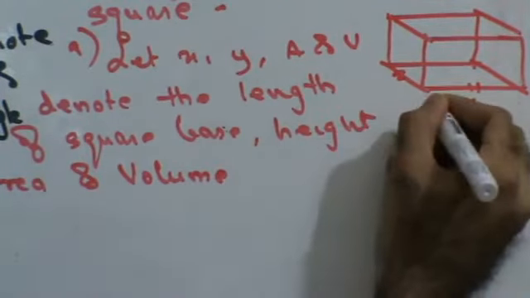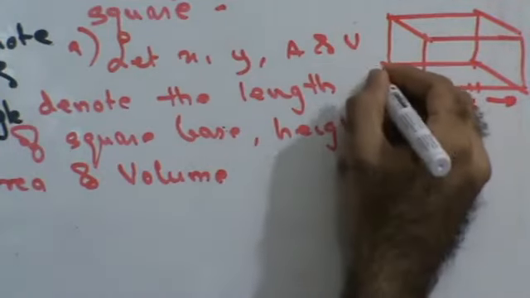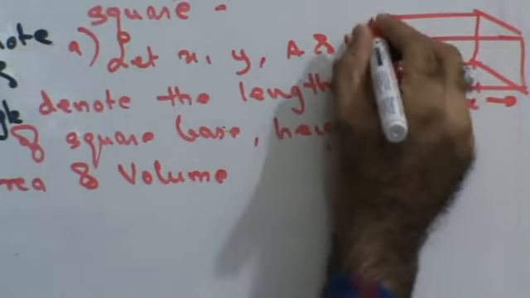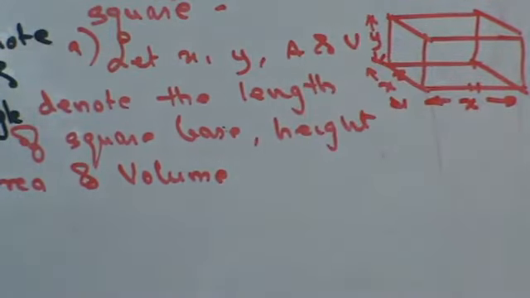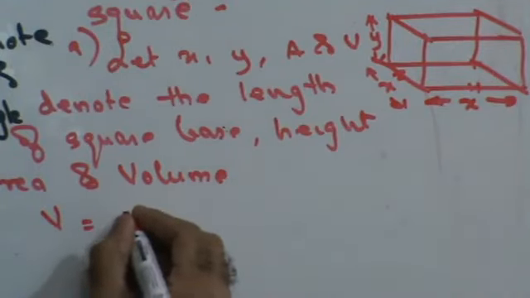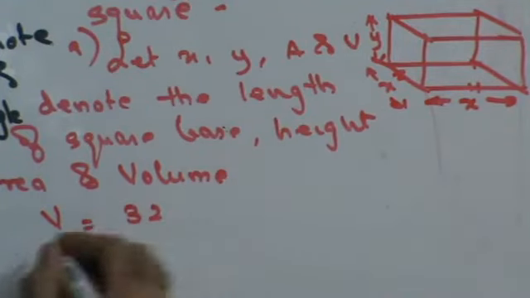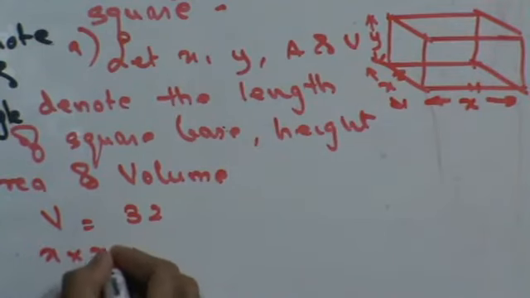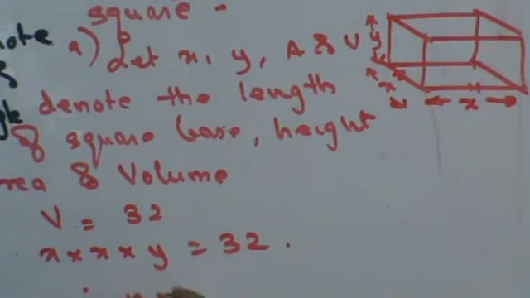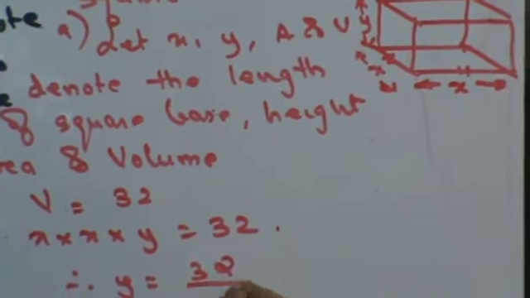That means if this is x, this length will also be x. The height is given to you as y. In that case, what will be the volume of the box? Volume is given to you as 32 centimeter cube. Volume will be nothing but length into breadth into height, which is 32. Therefore, y is 32 upon x square.